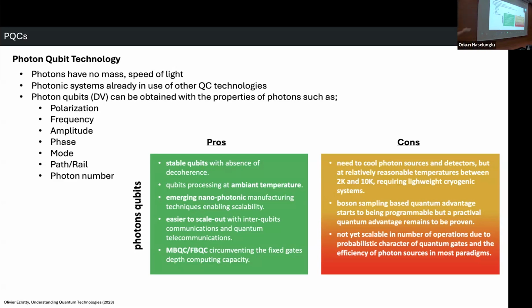So you can also operate qubits at room temperature. You can use emerging nanophotonic manufacturing techniques. This is like when the transistor was discovered in the 50s, 60s. Then silicon CMOS technology reached a fast improving trend in the 60s, 70s.